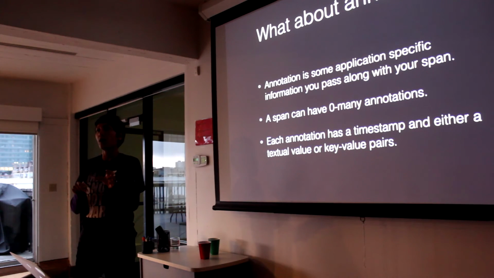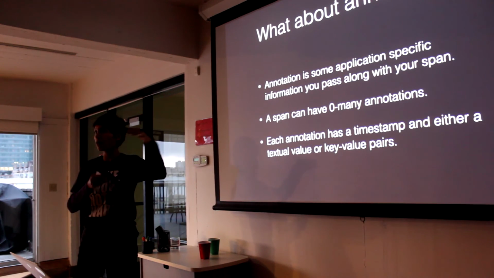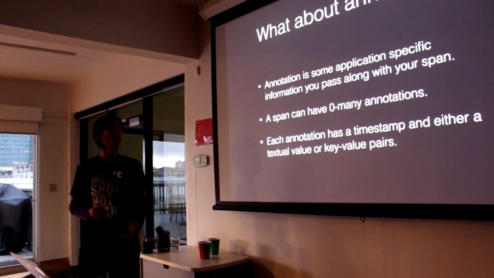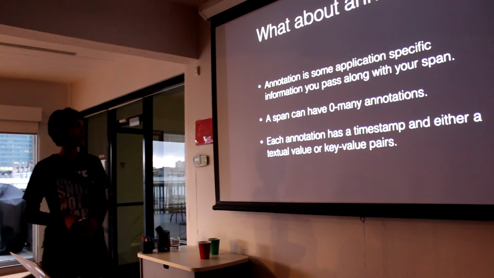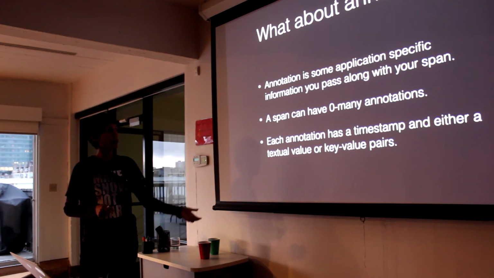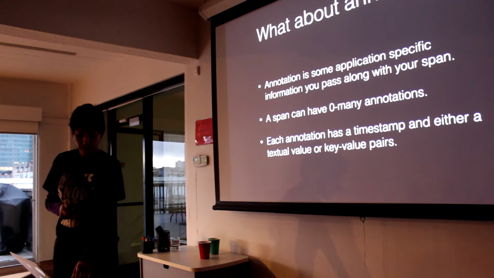When I get the response back from that server, I tag myself again with a new annotation called client received. Now I have a span with 2 annotations, client sent and client received. Both have logged times, so you can tell how long your client side call took. There's a similar way of doing things on the server side. So you can have a simple textual value, or you can have annotations full of key value pairs.